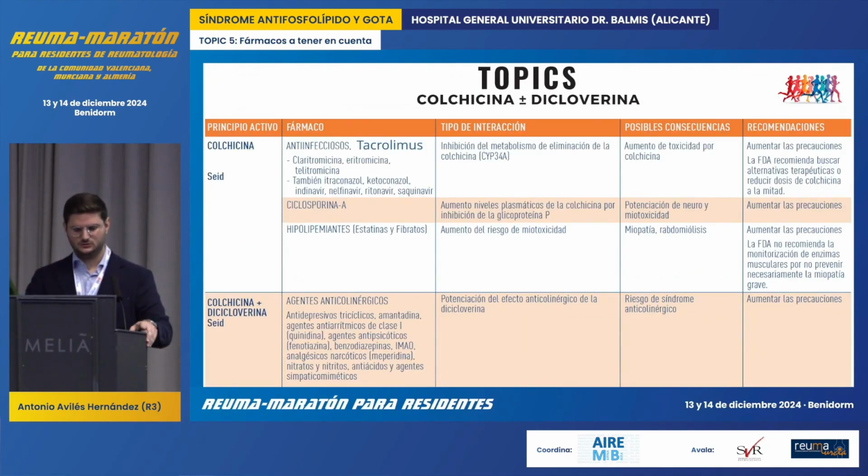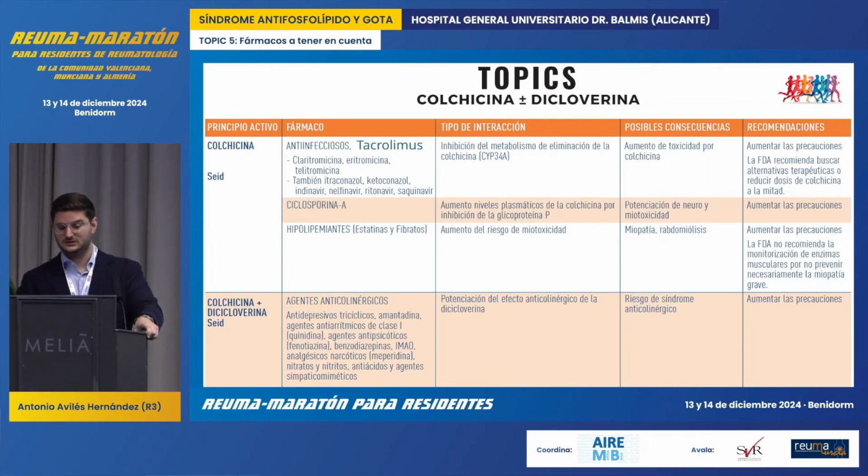Now we move on to talk about colchicine, with or without dicycloverine, which would be Colchimax. On one hand, we have the interactions of colchicine with anti-infective agents and tacrolimus, which are due to a metabolic interaction that inhibits the elimination of colchicine, since both act through the same cytochrome.